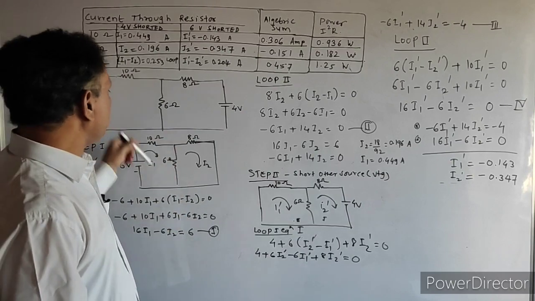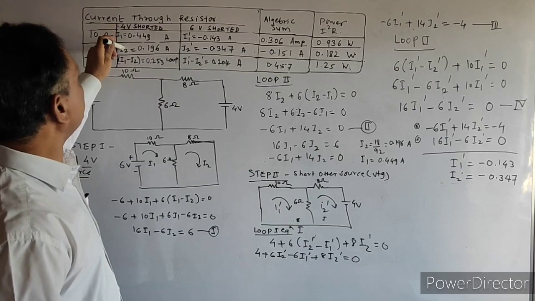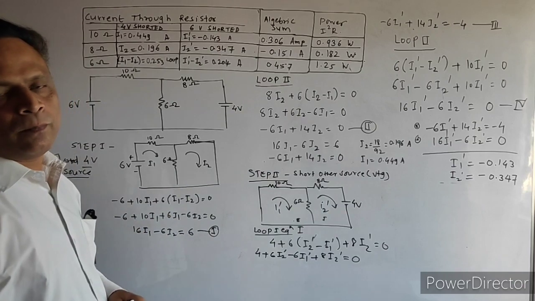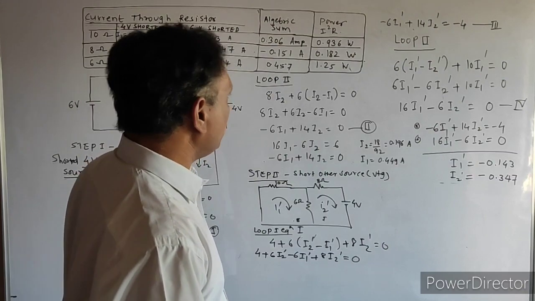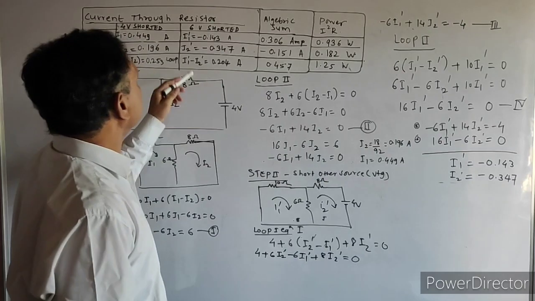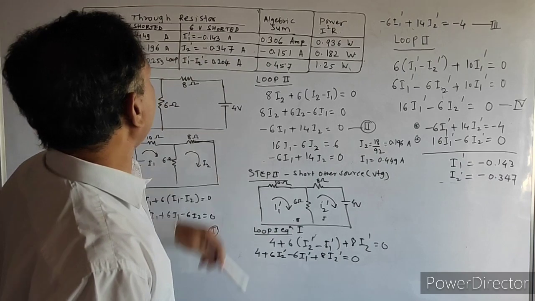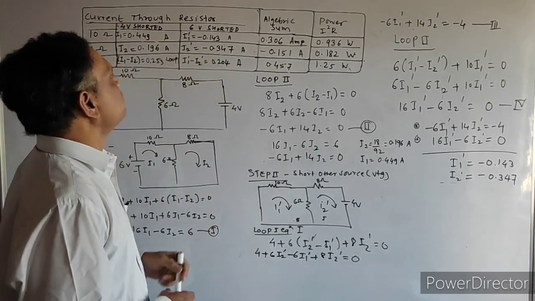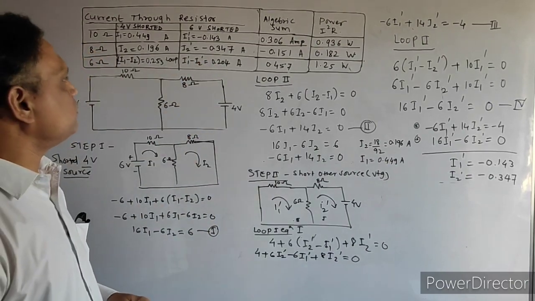A similar case is done for the 6 ohm also. I1 minus I2 was the current for the 6 ohm resistance considering the first loop, so 0.449 minus 0.196 gives 0.253. And when the 6 volt source was shorted, at that condition I1 dash minus I2 dash has been taken, so minus 0.143 minus minus 0.347, minus of minus will be plus, which gives 0.204.